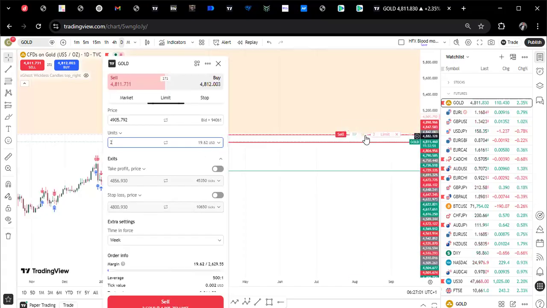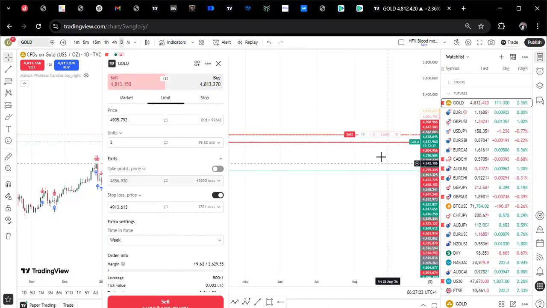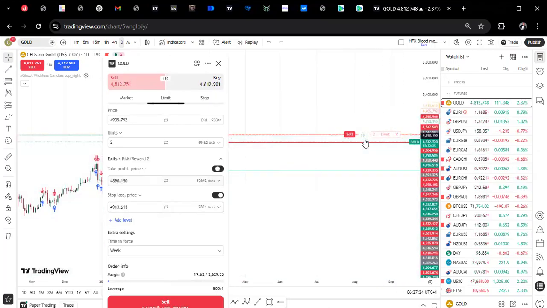So you're using two units to get into the trade. Let's say your SL is 918, and your TP is somewhere down here, right?